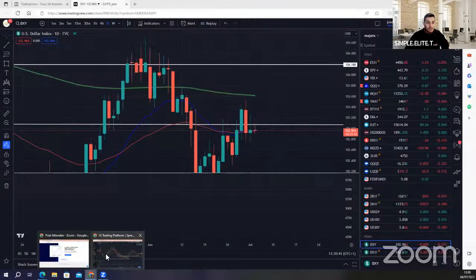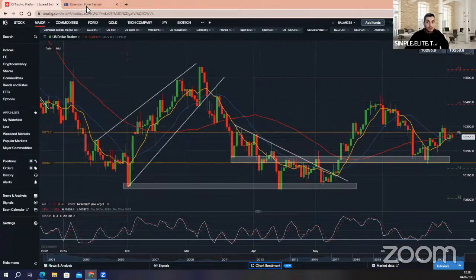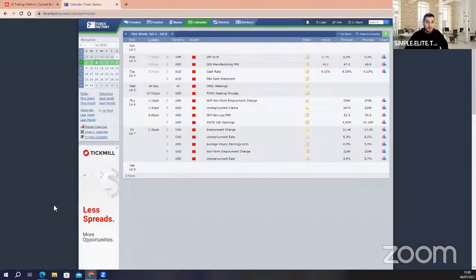Also, there is a lot of major news this week, so pay attention on this website, which is called Forex Factory. You can see I highlighted all the major news where they're going to happen. Today we have the interest rates of the Aussie, which didn't change, they stay the same at 4.10.